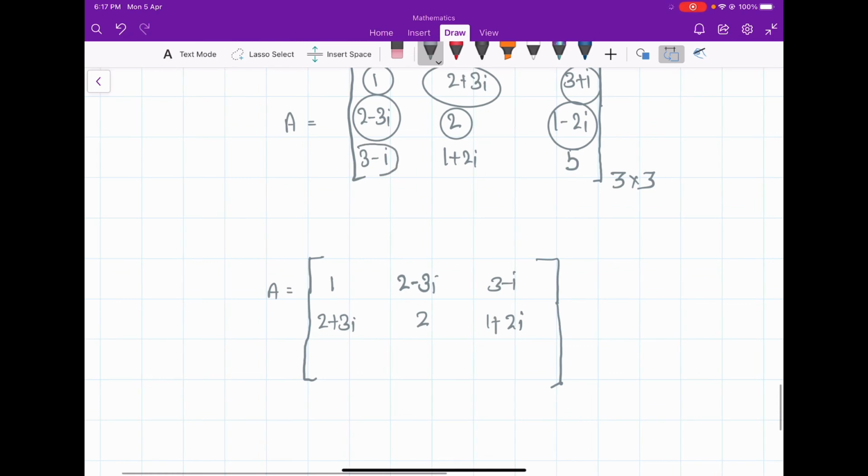Then 3 plus i, 1 minus 2i, and 5. So this is the conjugate of A.